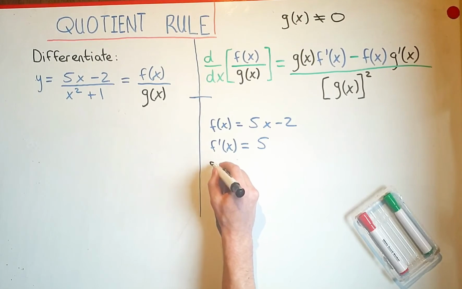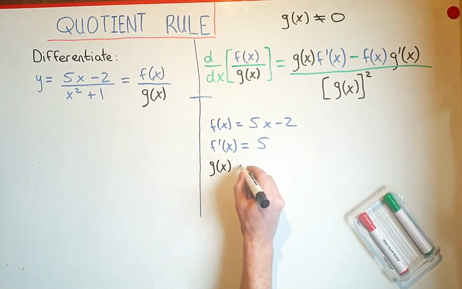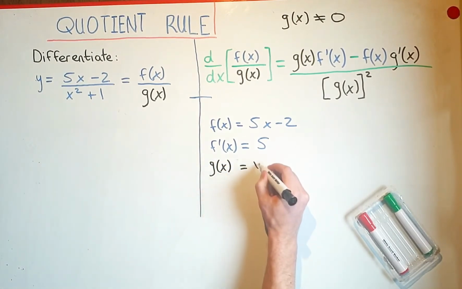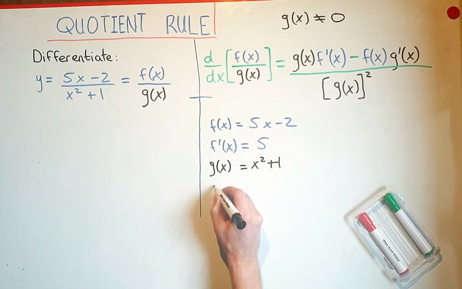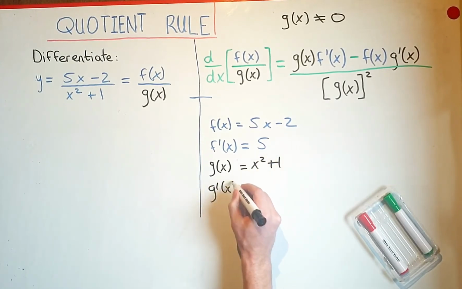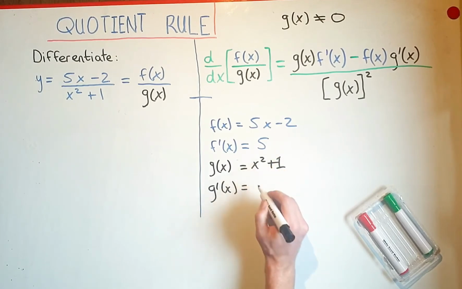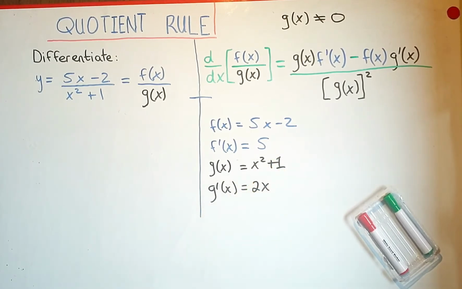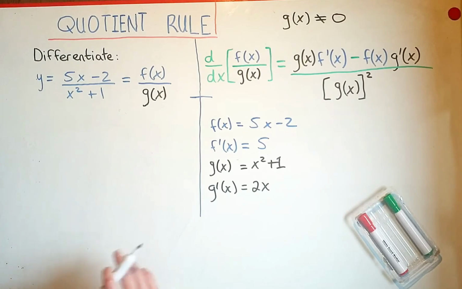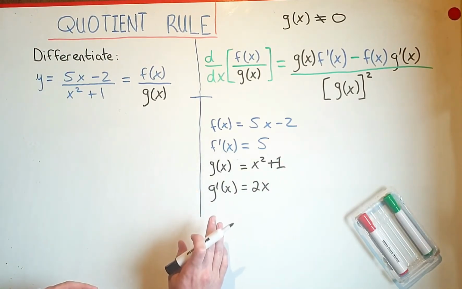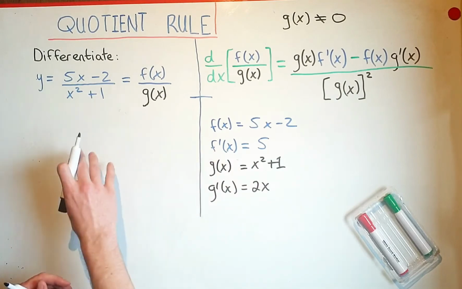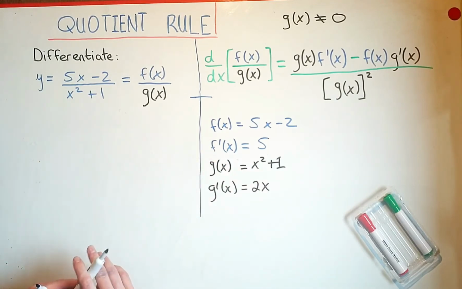And we know that our g of x is equal to x squared plus 1, and therefore our g prime of x is equal to 2x. Now we have every component that's found in the quotient rule, so all we need to do now is insert these into the final differentiated result in that form.